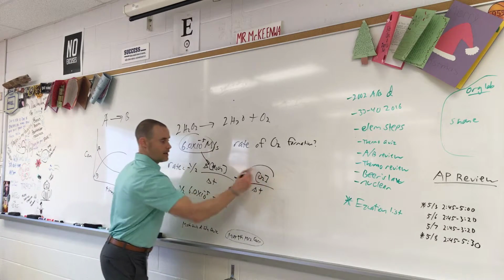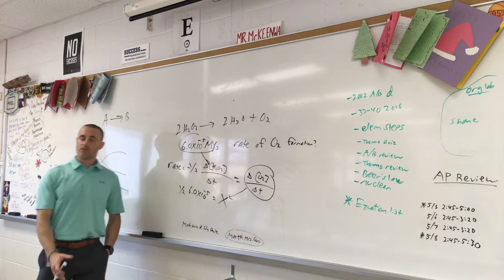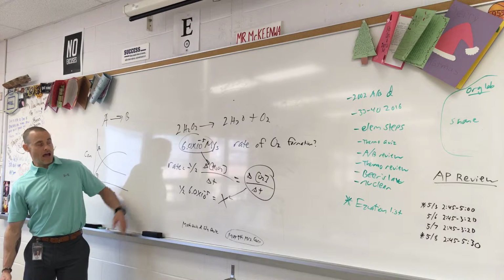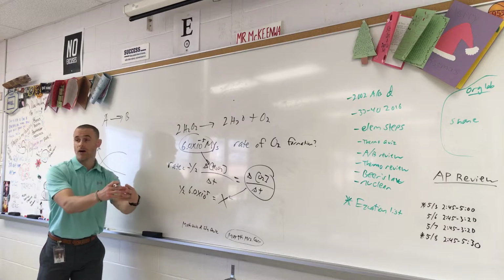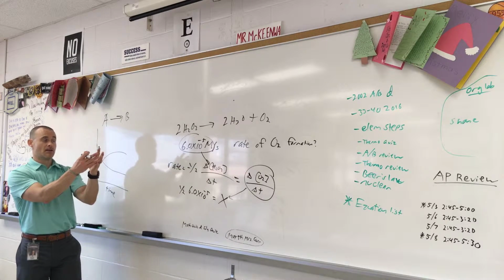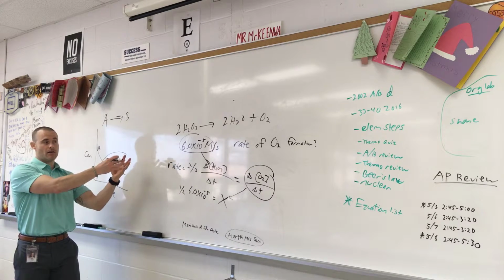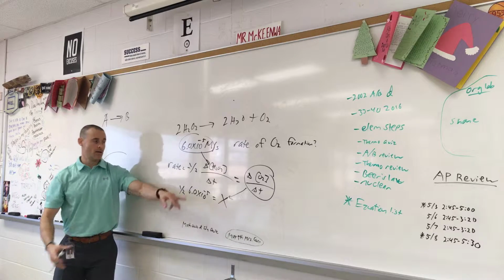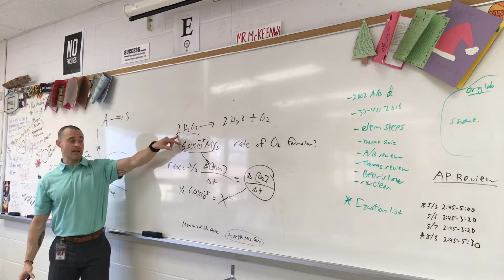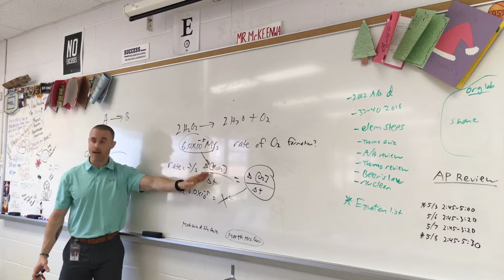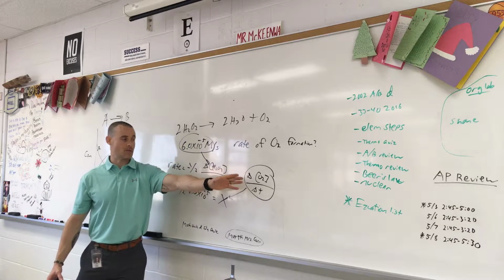So this here would be my x. So what I'm trying to get you to understand is any of these reactions they could give you, if they want the rate with respect to one part and they give you the rate with respect to another part, you just have to remember to put their coefficients in fraction form. So the coefficient in fraction form times the rate is how you set up these rate expressions.